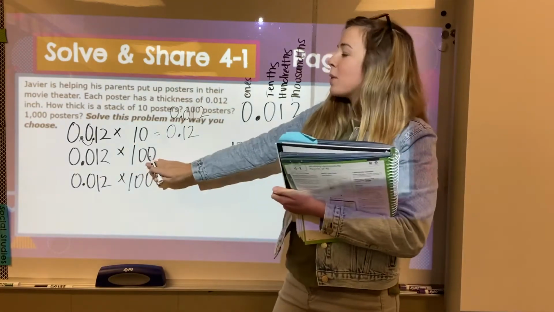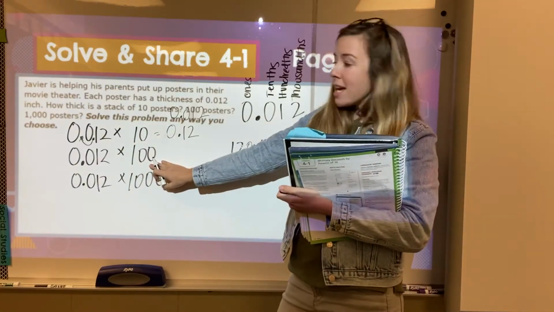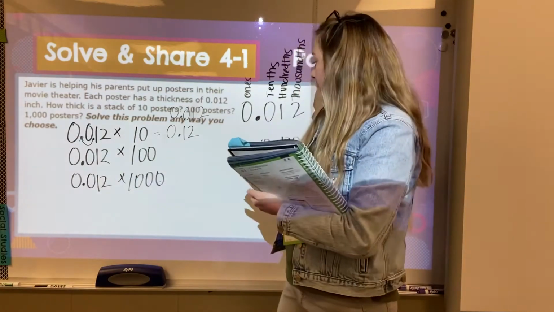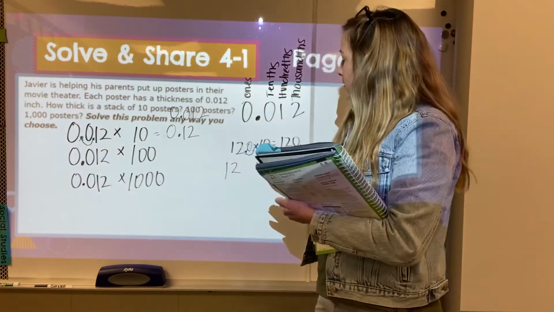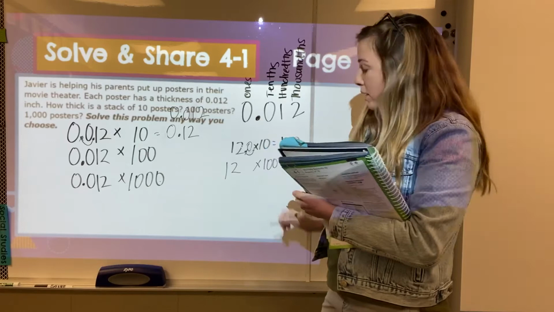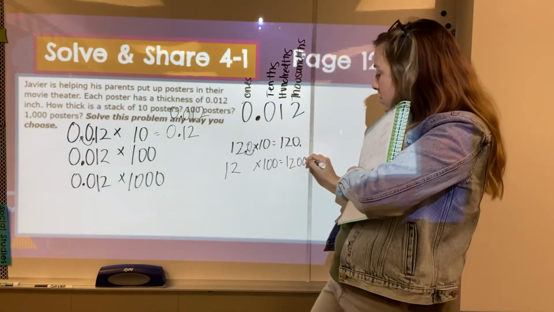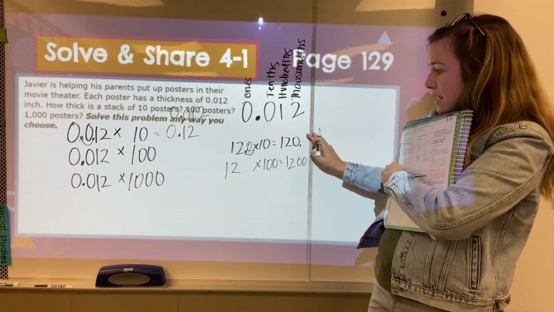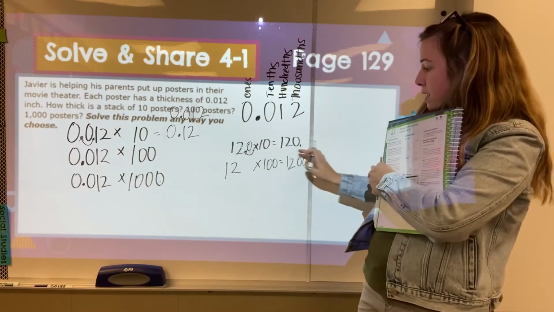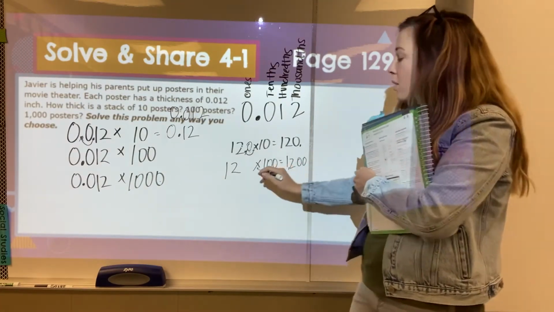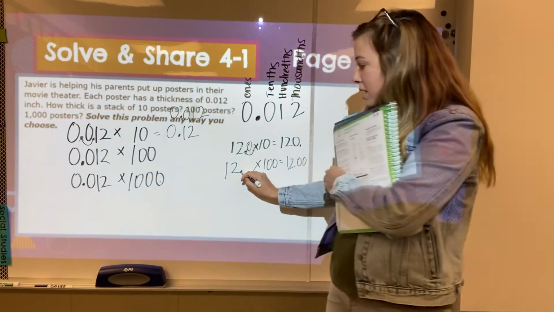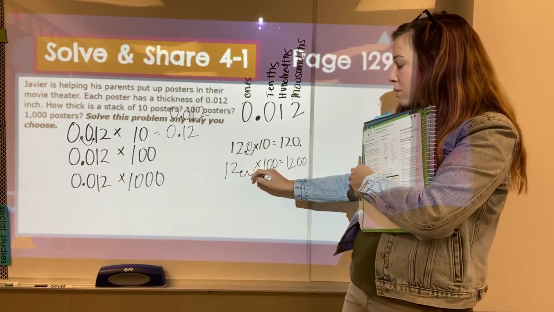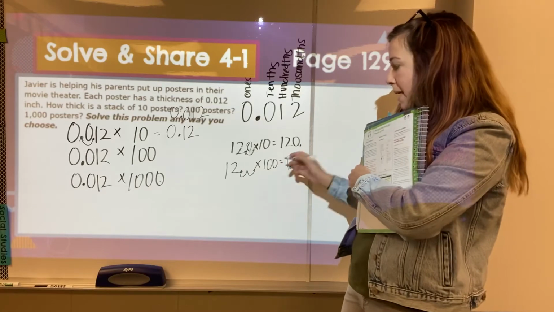Now with 100, if I had 12 times 100, you would add 2 zeros to it, right? And we would have 1,200. So you can already start to see that pattern: 1 zero, 1 zero, 2 zeros, 2 zeros. What you really did here is you took the decimal point at the end of the 12 and moved it over twice when multiplying by 100.